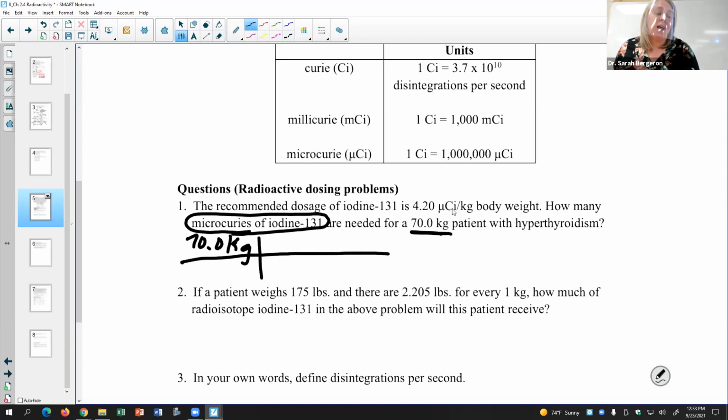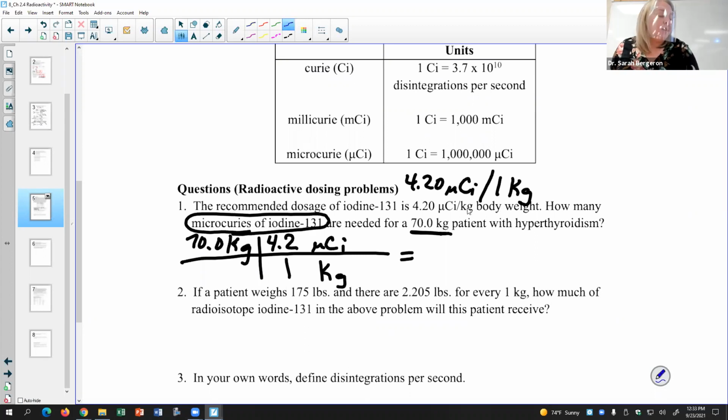So what goes on the bottom? Kilograms goes on the bottom, right? And microcuries go on the top. So how many microcuries per kilogram? 4.2. And if there's no number here, this is saying the same thing as 4.2 microcuries per kilogram, right? So you can just put a 1 there.